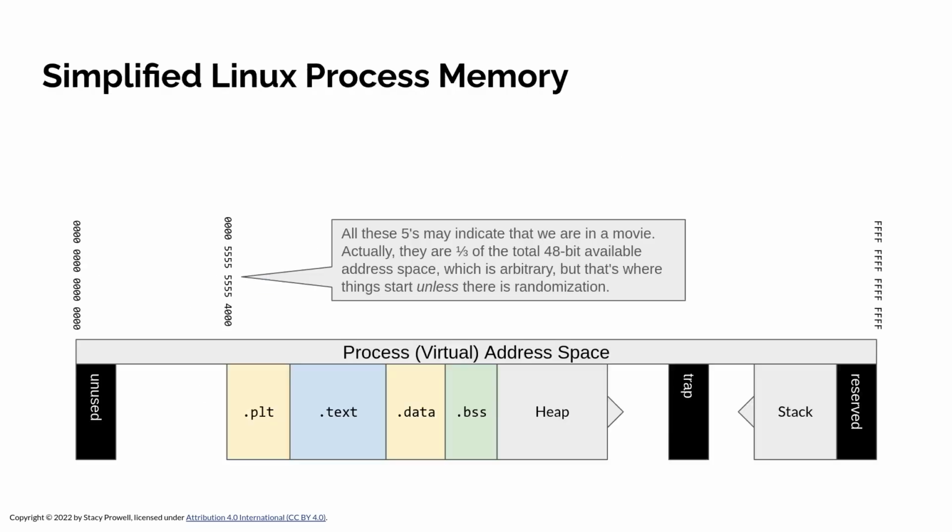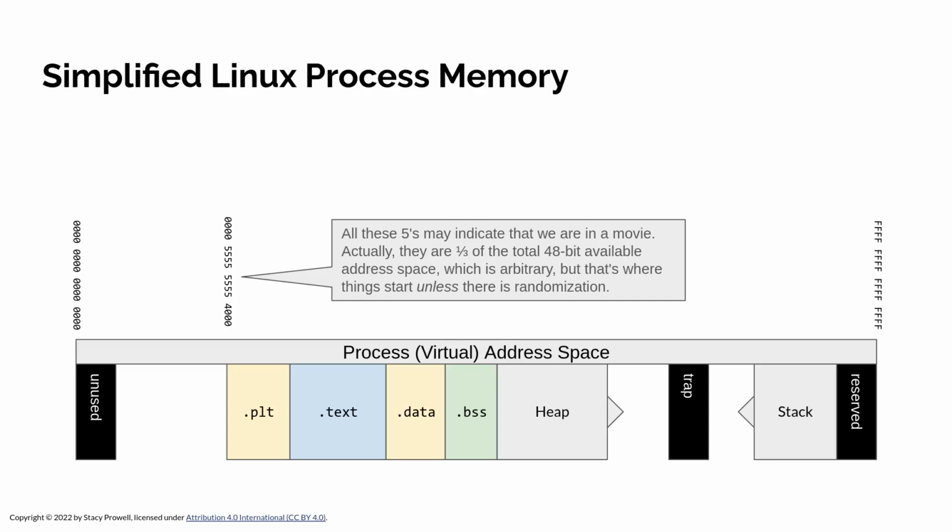So here's an example of a simplified Linux process memory. We don't use the very lowest addresses. There may not be any bytes there at all. We typically start about a third of the way up the 48-bit address space.